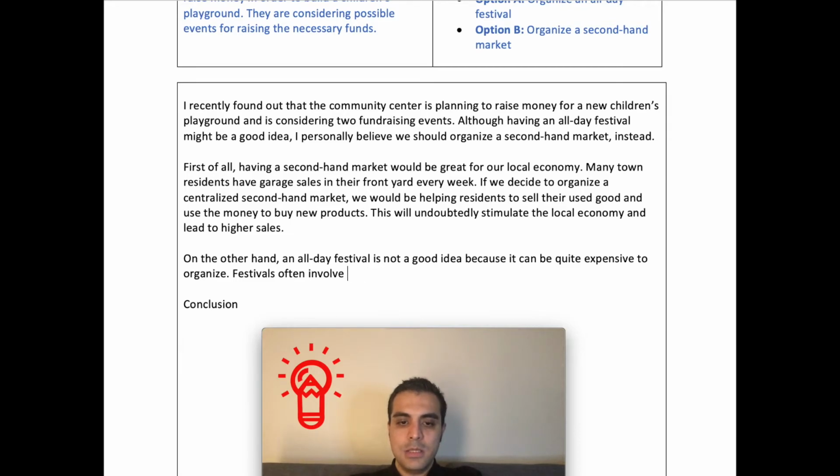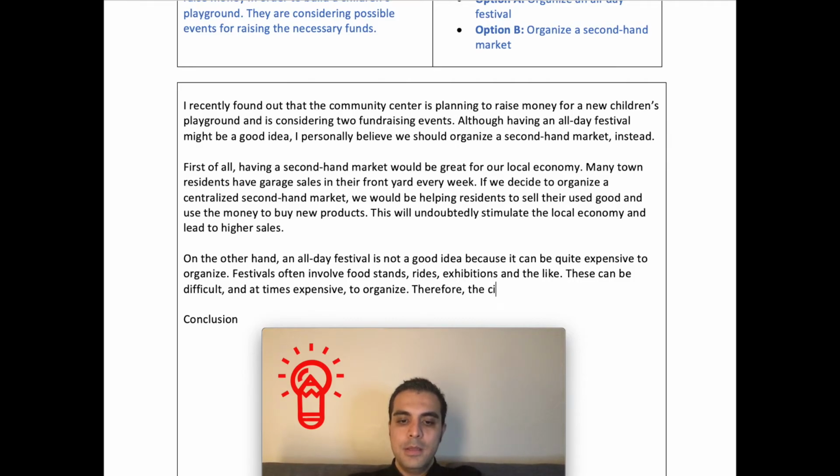Food stands, right? So food stands, rides, exhibitions, right? And the like. These can be difficult and at times expensive to organize.